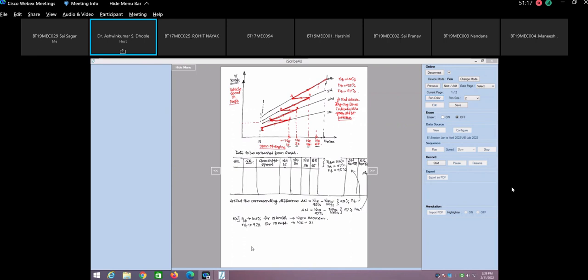Let us say it is 3100 RPM. Okay, that means delta n for 15 is 3100 minus 3000. That means I need to put 100 RPM more in order to achieve the same 15 kilometer per hour speed.